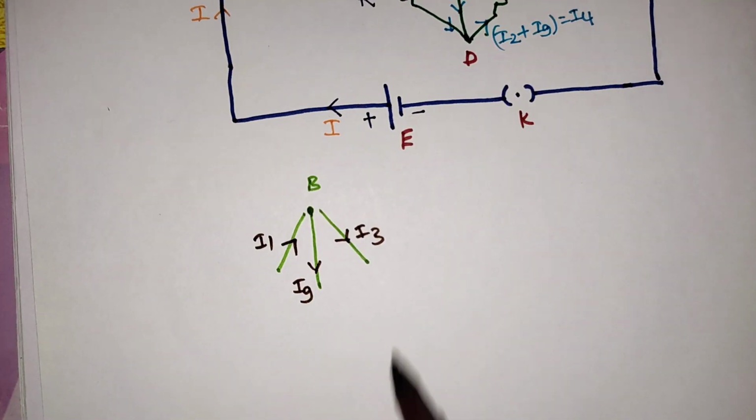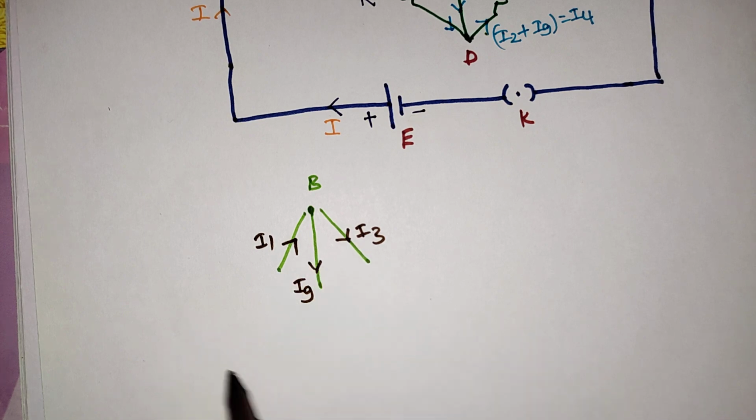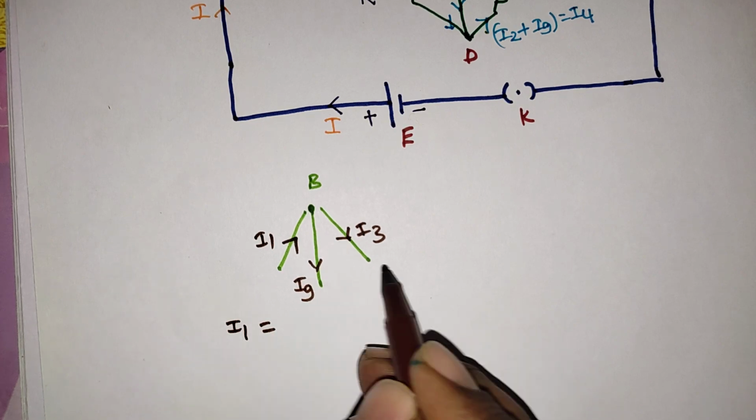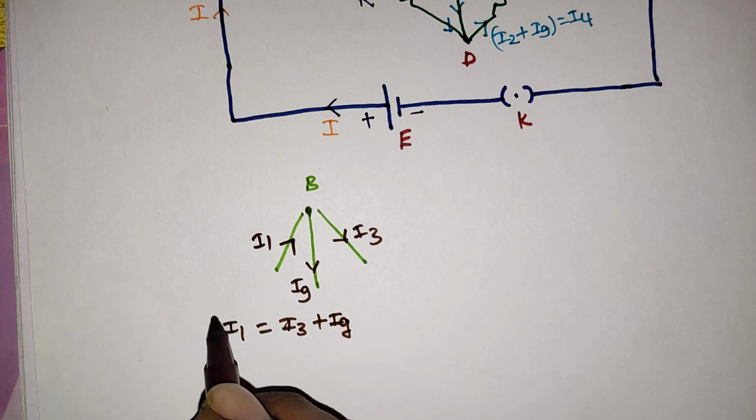We know from Kirchhoff's current law that the sum of the entering currents is equal to the sum of the leaving currents. I1 is entering, so I can write I1 is equal to Ig and I3 leaving. So directly you can write I3 plus Ig.